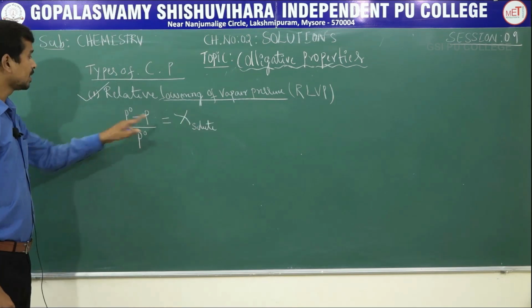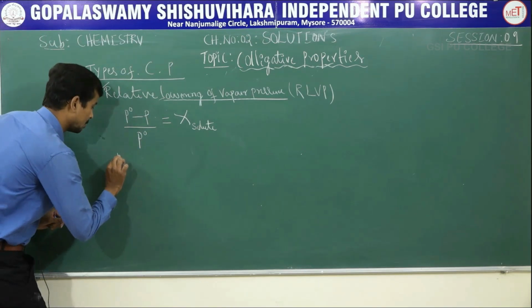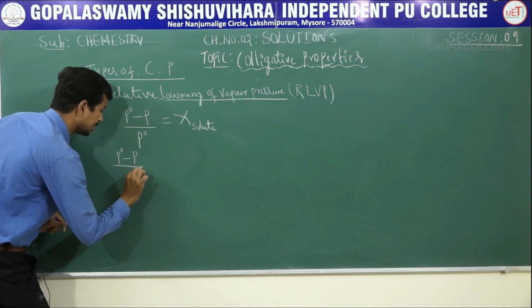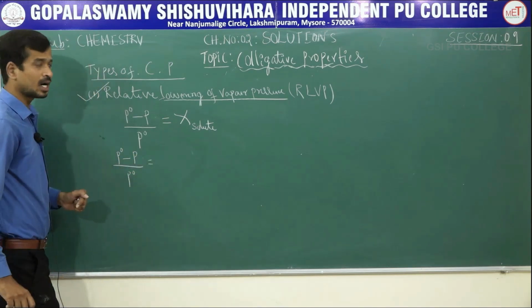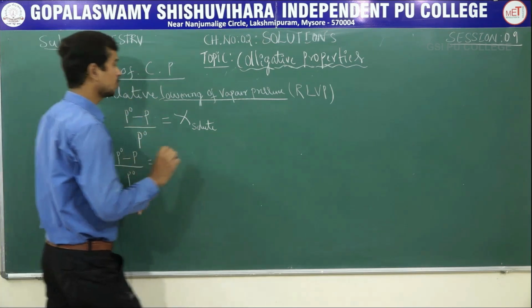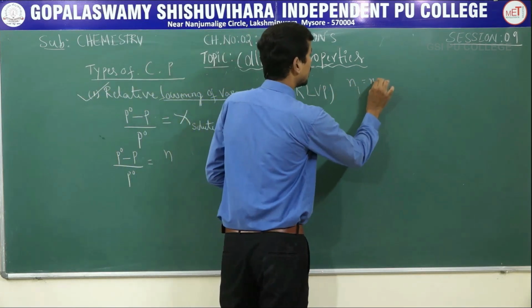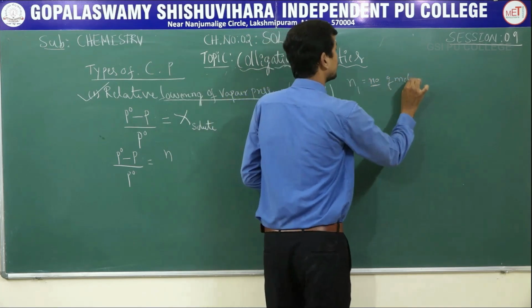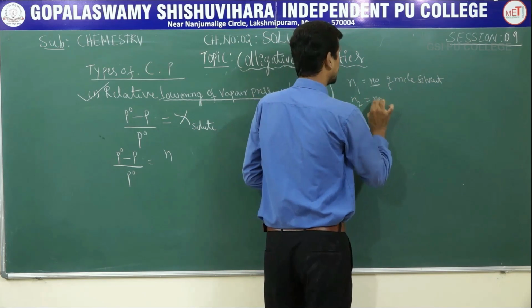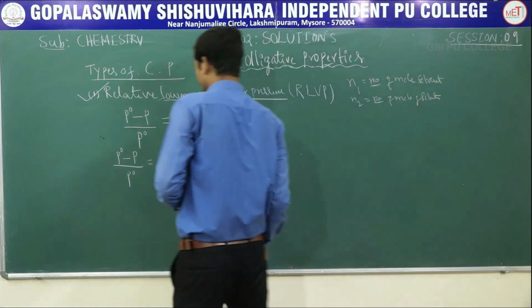Clear? The relative lowering of vapor pressure is equal to the mole fraction of solute: P naught minus P divided by P naught. Mole fraction of solute means what? Suppose N1 is the number of moles of solvent and N2 is the number of moles of solute.